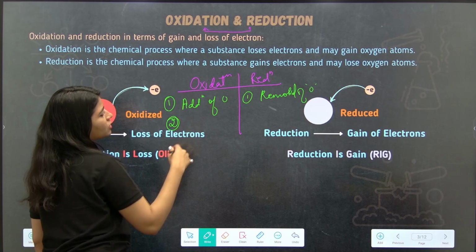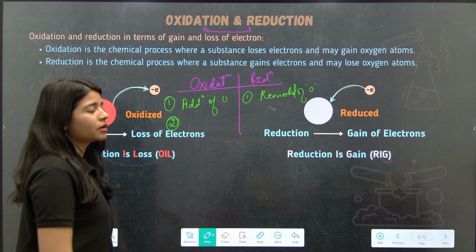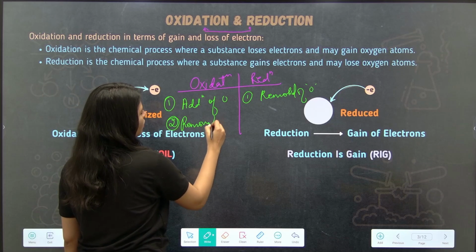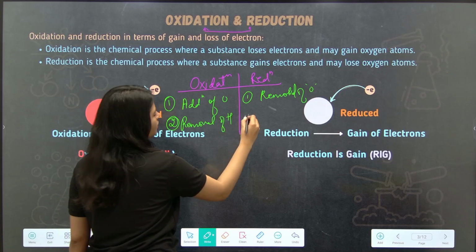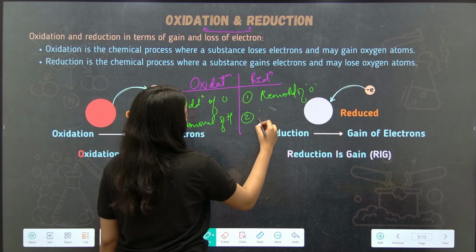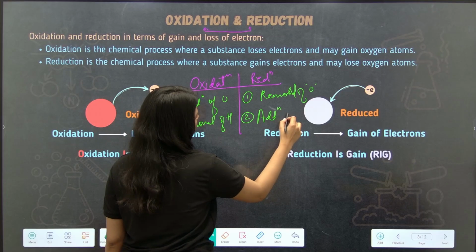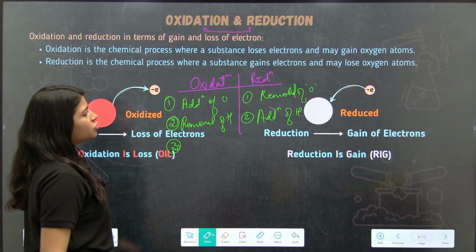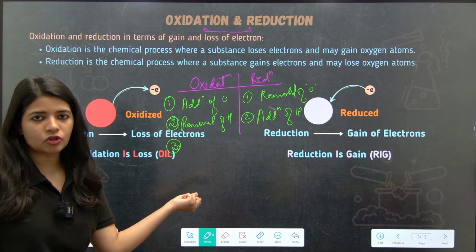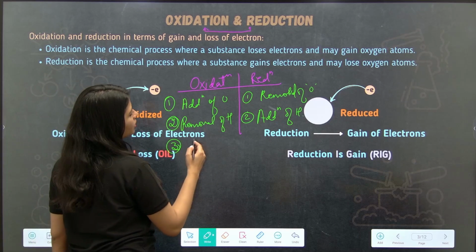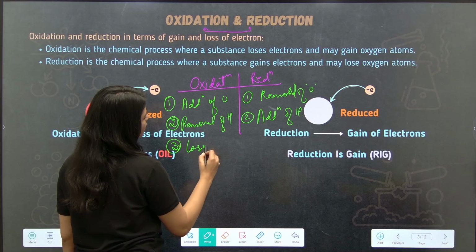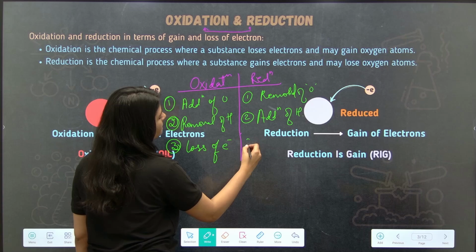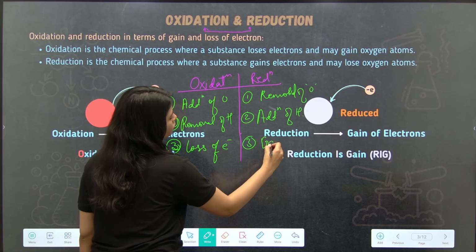Oxidation can also be defined as the reaction in which hydrogen is removed, so removal of hydrogen, and for reduction it is addition of hydrogen. The third way in which oxidation and reduction differ is that oxidation means loss of electrons and reduction means gain of electrons.